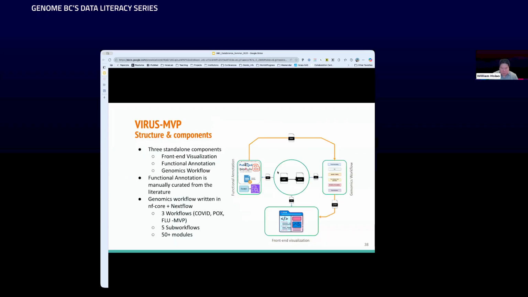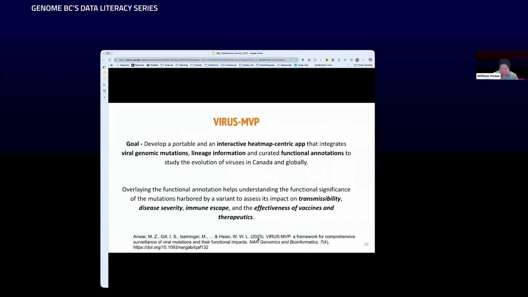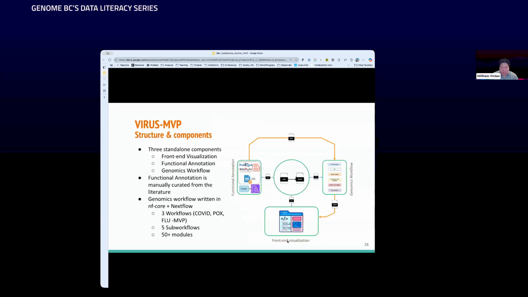Sorry, I should mention this just got published this year after about 5 years of work, for those who are interested. Essentially, this is a tool that has a backend that calculates genetic variations across a large number of lineages in SARS-CoV-2 or other viruses.